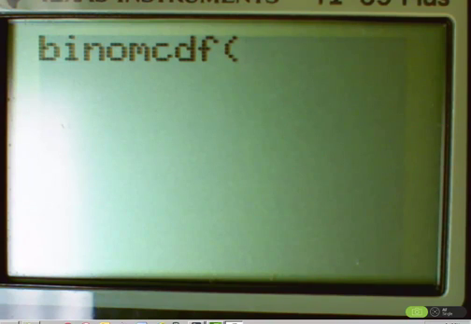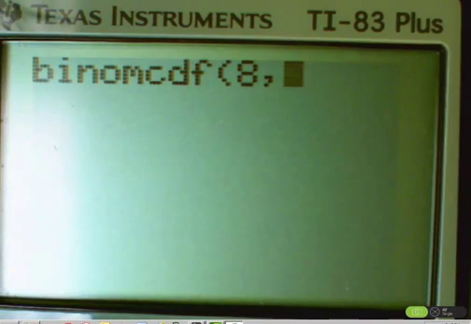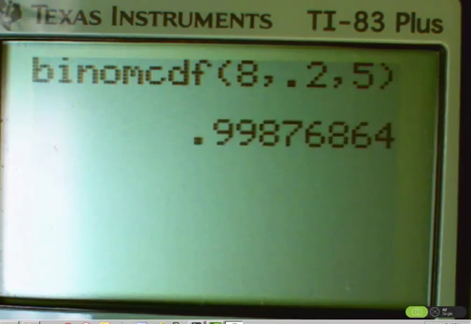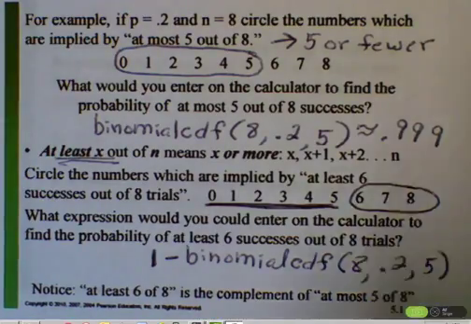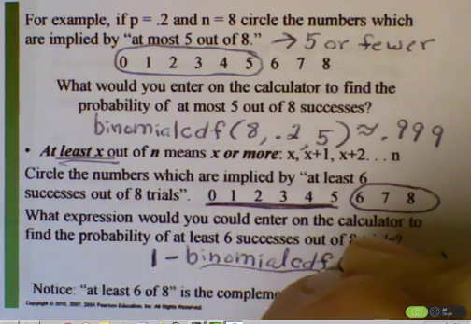What's the probability that out of 8 trials, each having a probability of success of 0.2, what's the probability of at most 5? That's, well, actually, that's the 0.999 that we came up with just a minute ago.